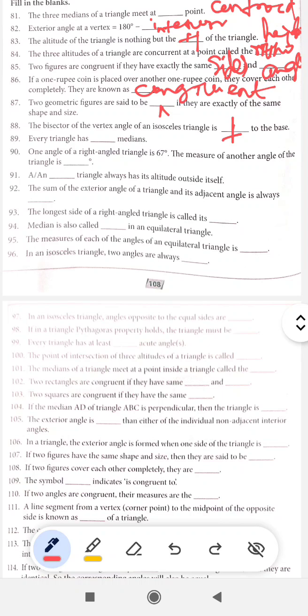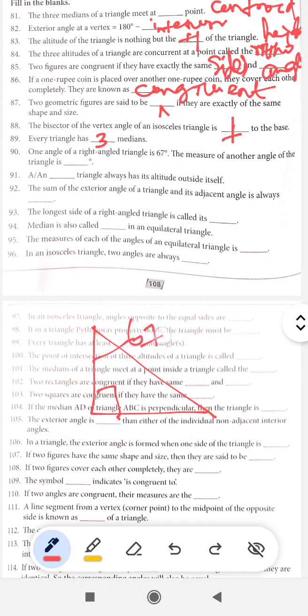Next, question number 89: every triangle has dash medians, three medians. Question number 90: one angle of a right angle triangle is 67 degree. First of all, from the question we come to know that it is a right angle triangle, so one angle is already 90 degree and the other angle is 67 degree.